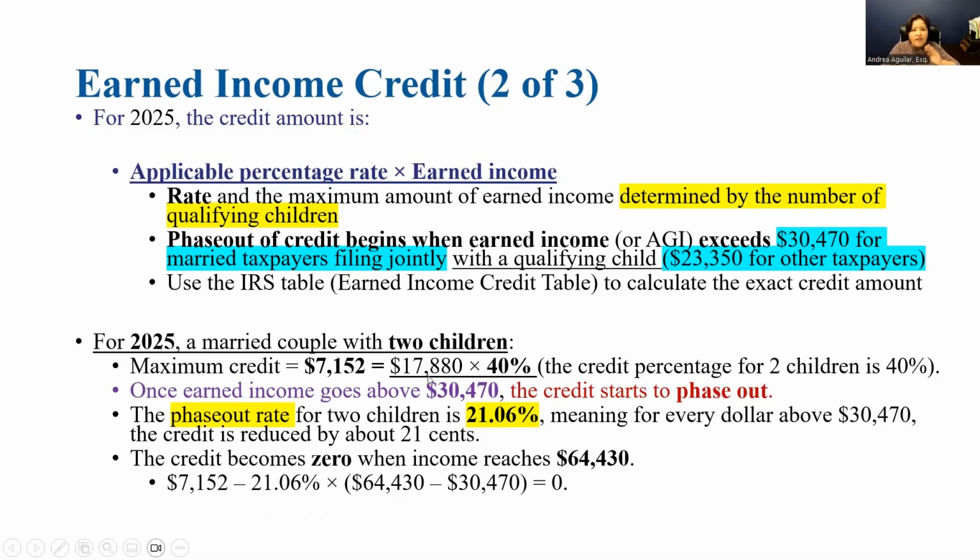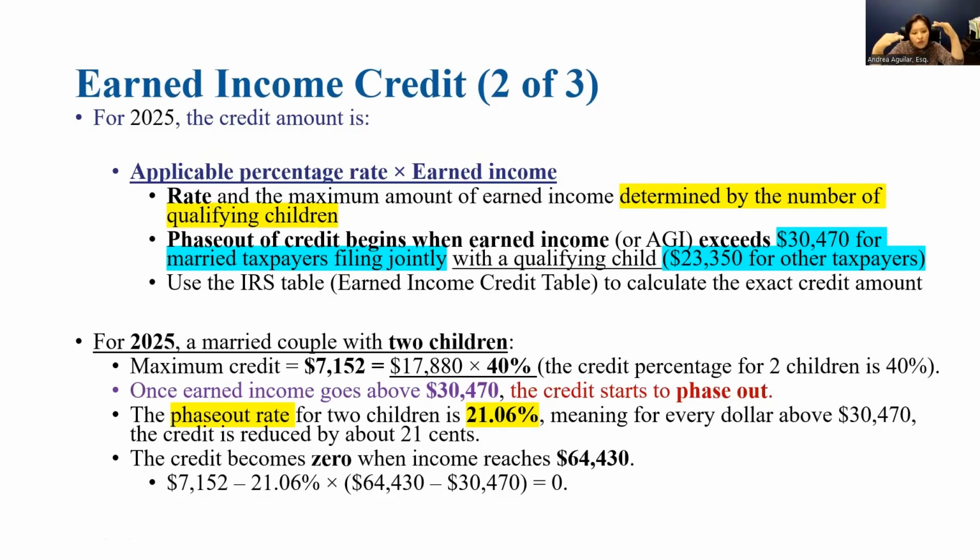So, and for you to understand, the earned income credit reaches the maximum point once this couple earns $17,880. Then it will stay in an area of like a plateau, will plateau.